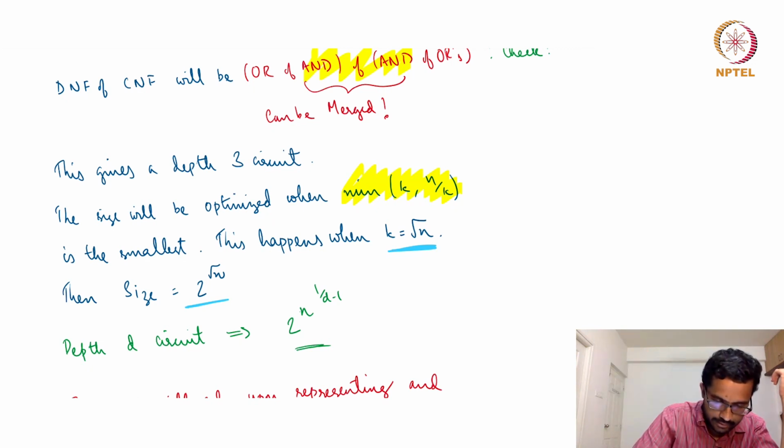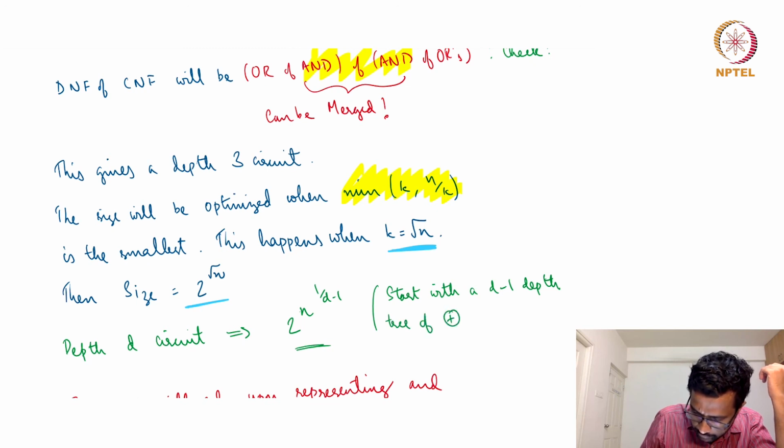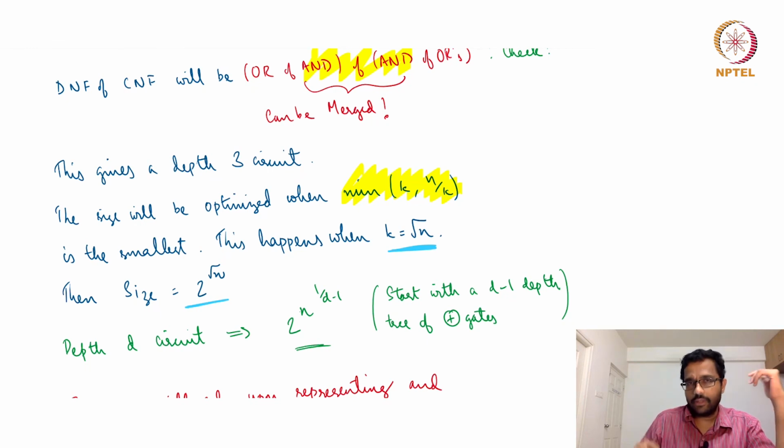Okay, so maybe I'll just write that as well. Start with a d minus 1 depth tree of parity gates, and then convert into DNF, CNF alternately.